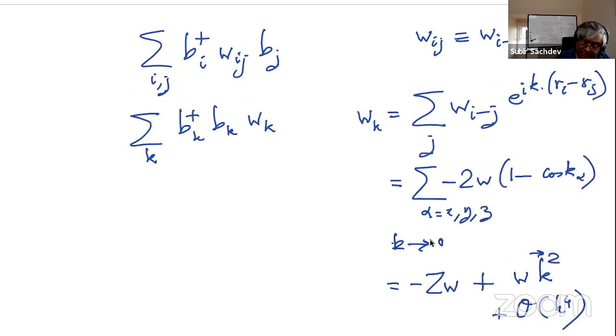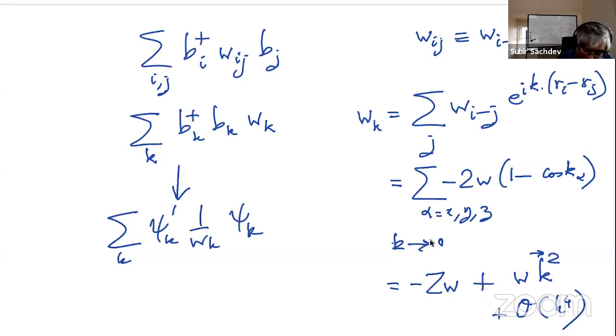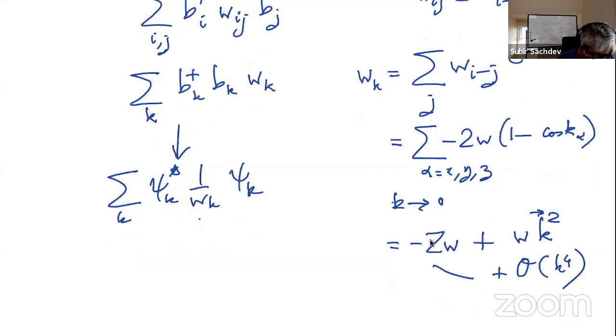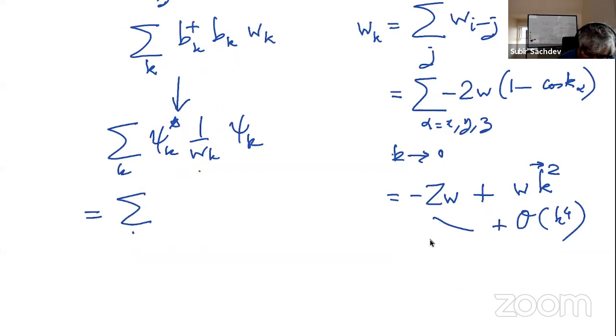Now if you go through the Hubbard-Stratonovich transformation, you will get a sum over k of psi star of k times 1 over W of k times psi of k. The Hubbard-Stratonovich transformation is the simplest in momentum space. It's totally diagonal. Inserting the small k expansion, you see the 1 over zW, which I claimed without proof earlier, minus 1 over zW.